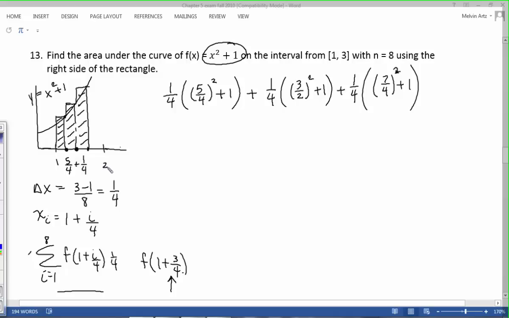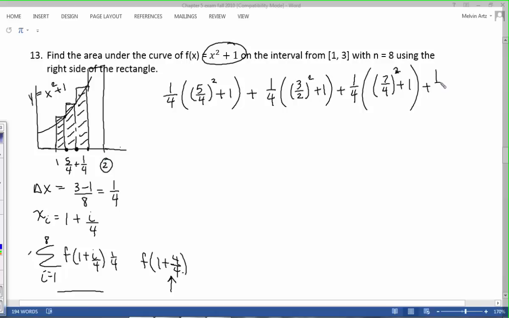And then let's say this is our fourth rectangle. And now if we plug in 4 for i, you can see we would get 1 plus 1, which is 2. And you can see that's where we're at. To get the height of the fourth rectangle, we would plug 2 into our function.